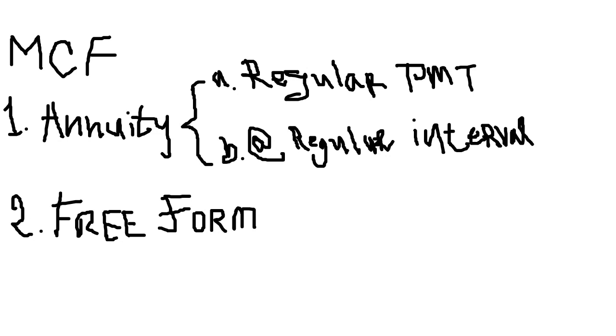Now, the example of free form. People generally save money sporadically. I mean, there are people who make regular savings, but generally people just make deposits at any time and in any amount that they can afford.